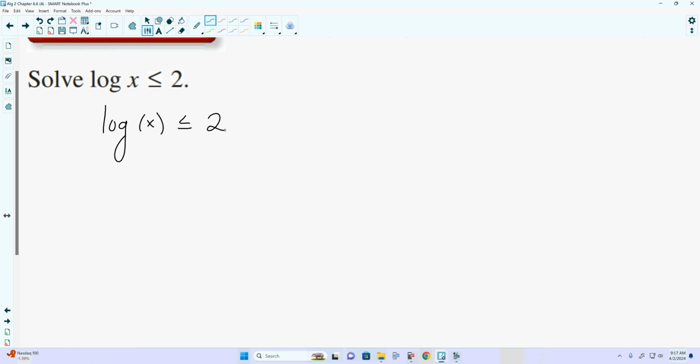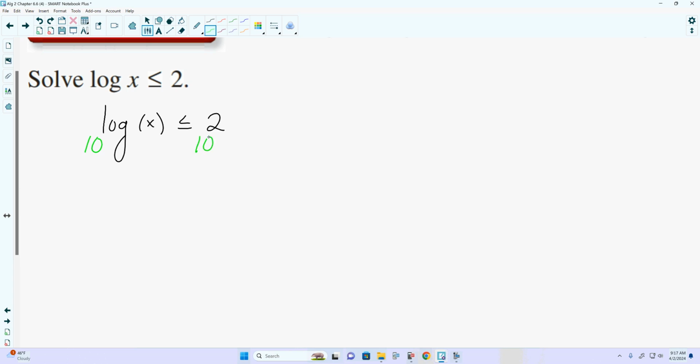Our next one is log of x is less than or equal to 2. What do we do first? Put both sides to the base of 10.